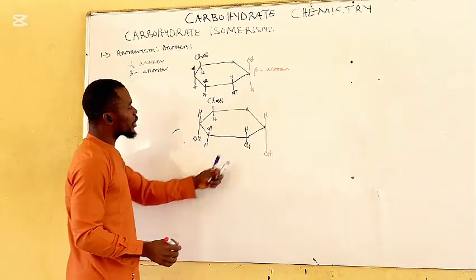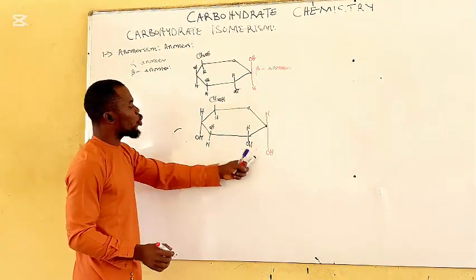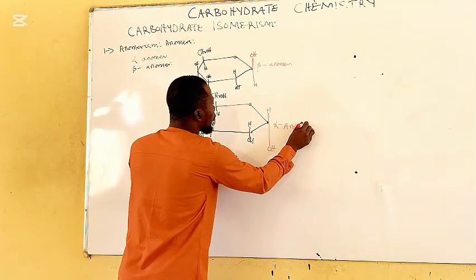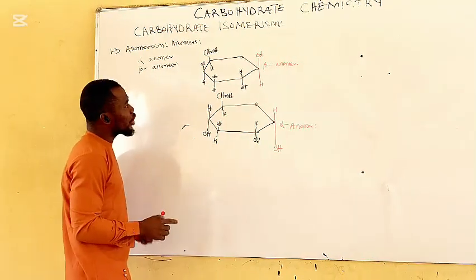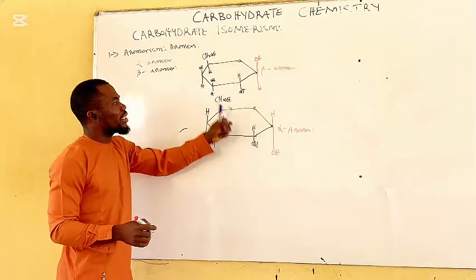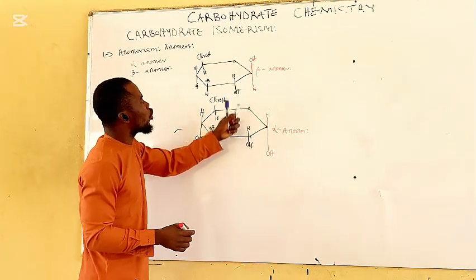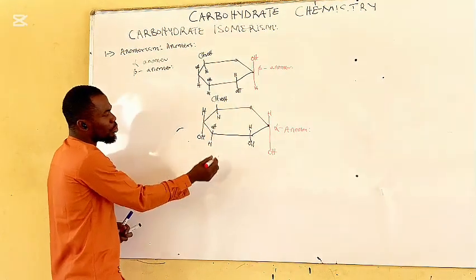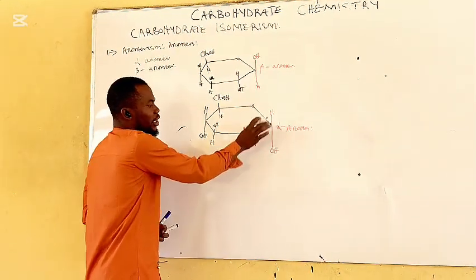And if the OH is on the opposite side of CH2OH, that is alpha anomer. Another way to say it is that beta anomers have the OH oriented upward, while alpha anomers have the OH oriented downward.